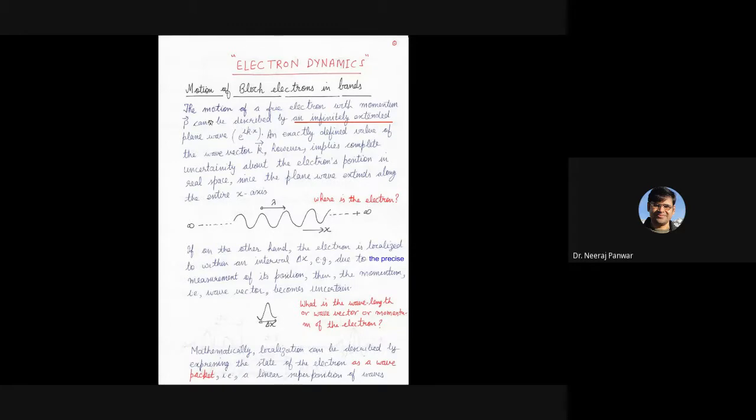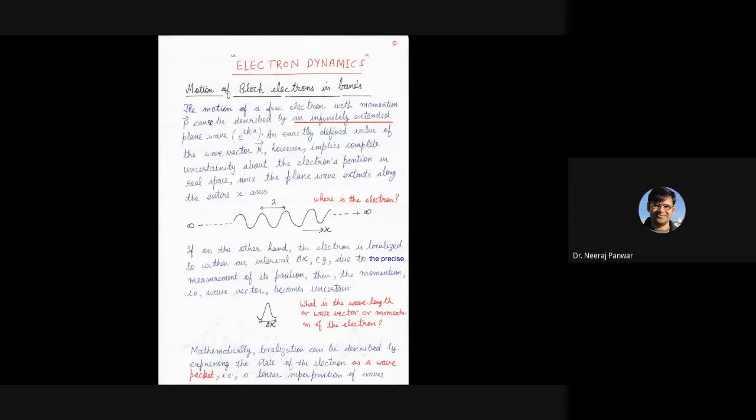The genuine question is, where is the electron? We don't know. We have precise information about the electron momentum, but there is large uncertainty in the position of the electron, and this is where we have the Heisenberg uncertainty principle.